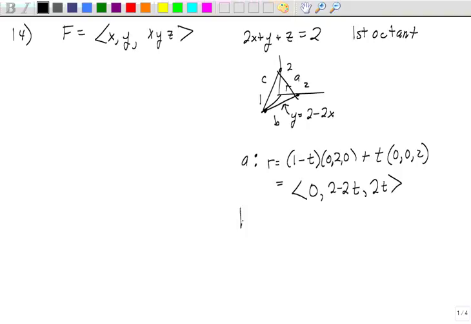C is the line segment that has to go that way from 1, 0, 0. Make sure you get your directions right.